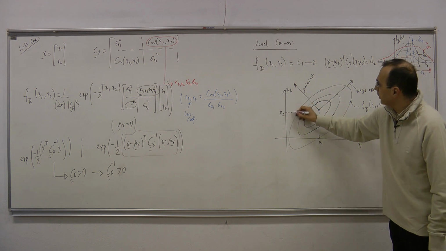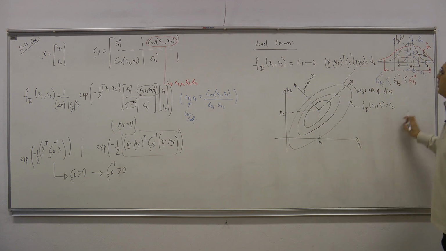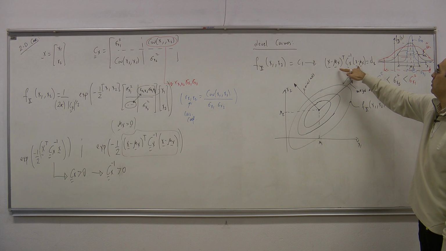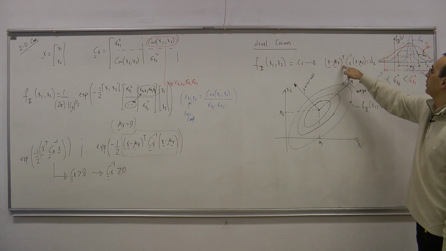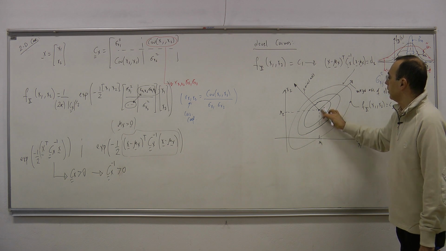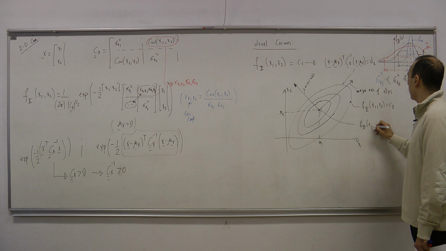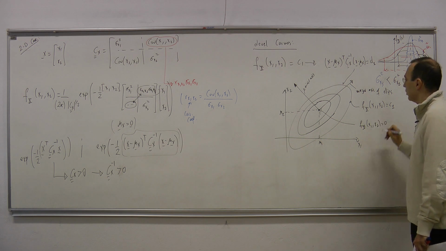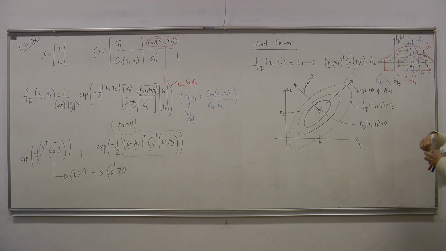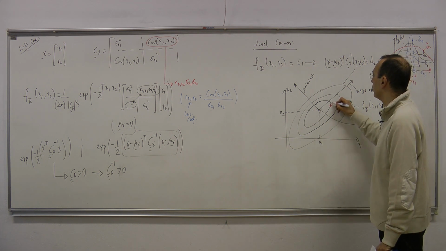How about this part? This is the location, so I'm sketching this. This function takes the value of 0 at this point. So this is fx(x1, x2) equal to 0. Let's say that this is the point for which this function takes the value of 0.1.